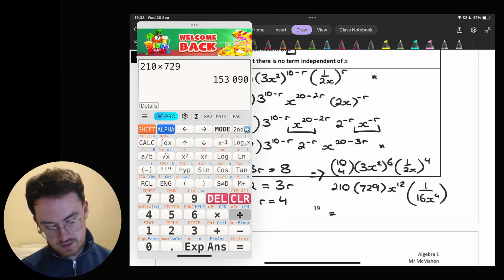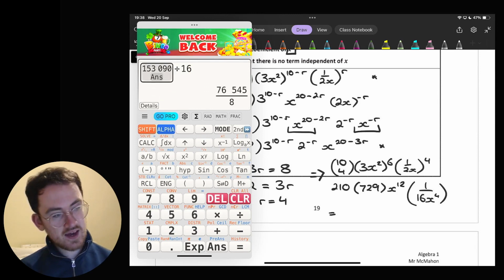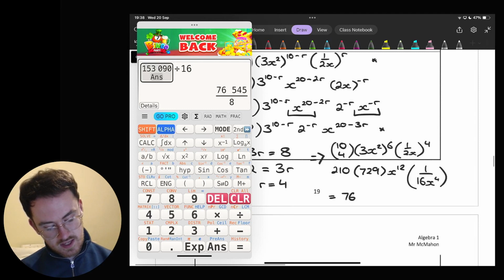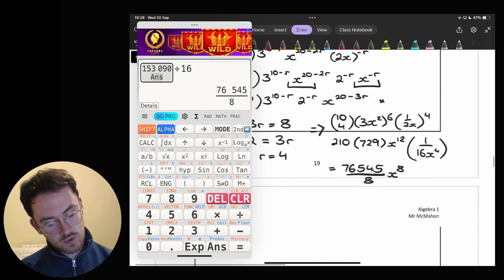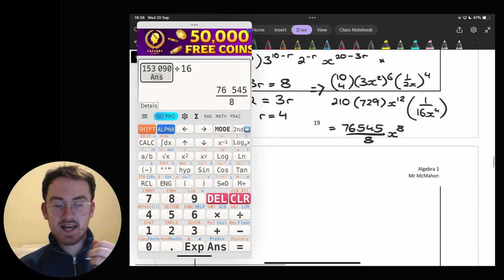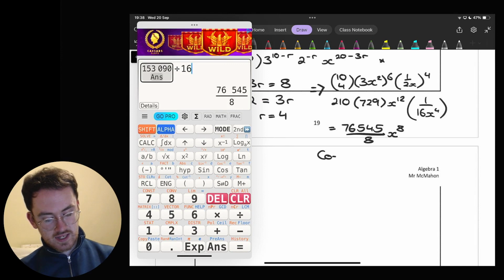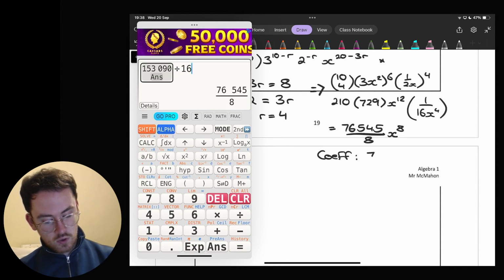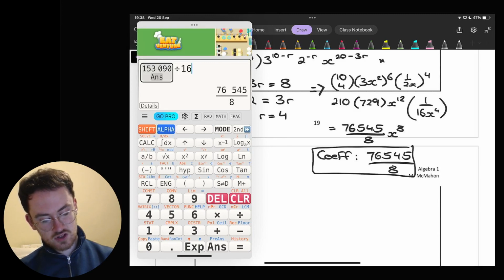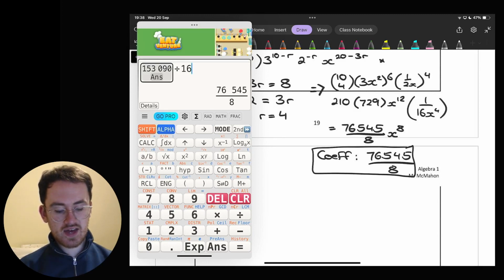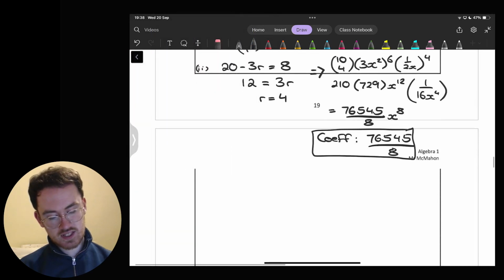Sorry, let me just divide my answer by 16 there, and that gives me an answer of 76,545 over 8 x to the power of 8, which means that if we just want to exactly answer this question, let's lay out that the coefficient is 76,545 over 8. Okay, again, just making crystal clear that we have answered the question being asked of us there.